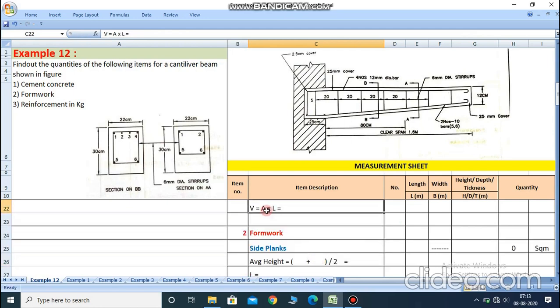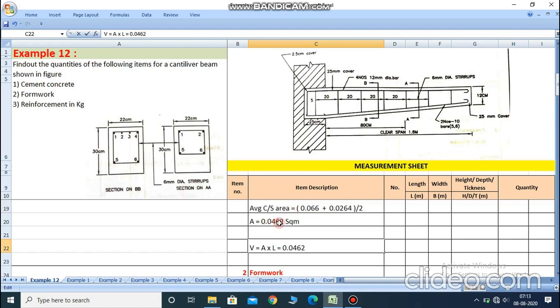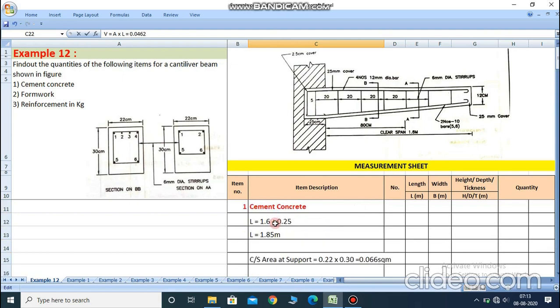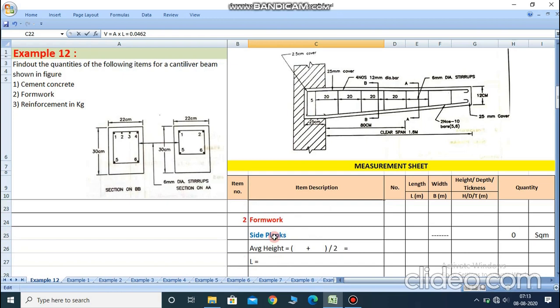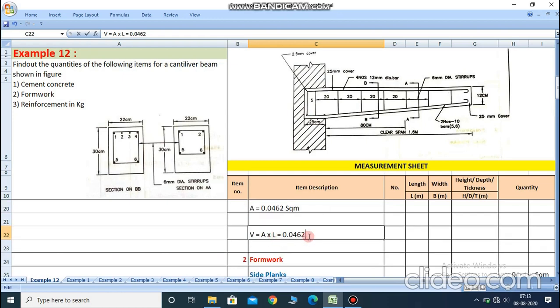Now the total volume of the concrete is area into length. The area we already found is 0.0462, see the calculation above, and the length we already calculated is 1.85.